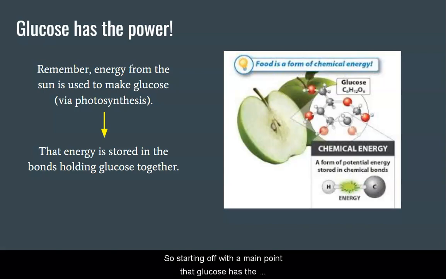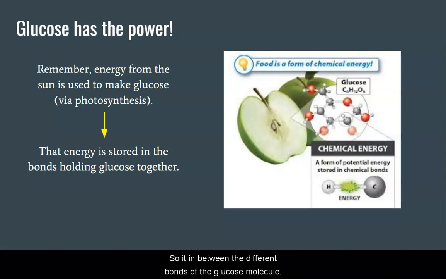So starting off with the main point that glucose has the power. If we remember, plants have the ability to do photosynthesis. So they took energy from the sun and used that radiant or sun energy to create glucose. And that energy is stored in what we call chemical bonds.